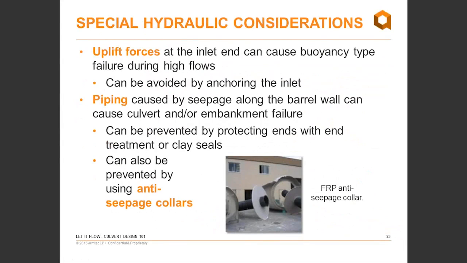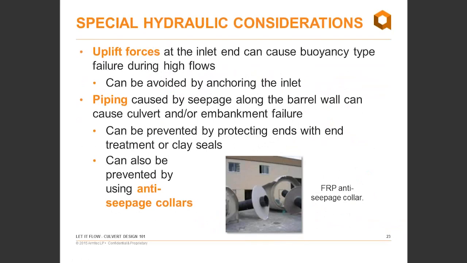Now, lastly, I just wanted to talk about some other hydraulic considerations. Really important to be conscious of end treatments and how they can harm or protect a culvert. Uplift forces can cause serious up-end failures of an inlet if it's been allowed to scour. This can be avoided by anchoring the inlet, but it is always best to protect from scouring.